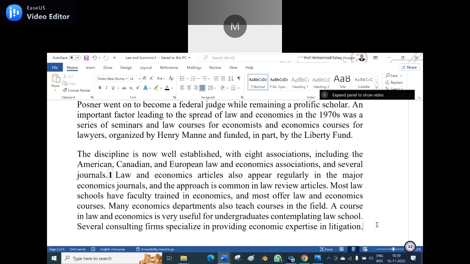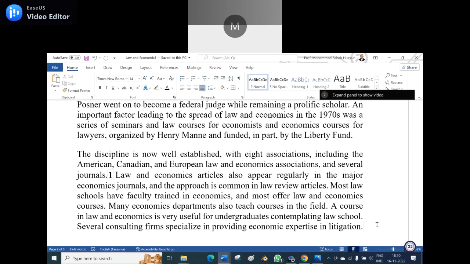So, here they say, where it is necessary, that should serve the purpose. And hence, the economics, and here the European Union and American and Canadian and the Economic Association and several journals are also making a lot of efforts to bring the action of law and economics, that is, the economic analysis of law.